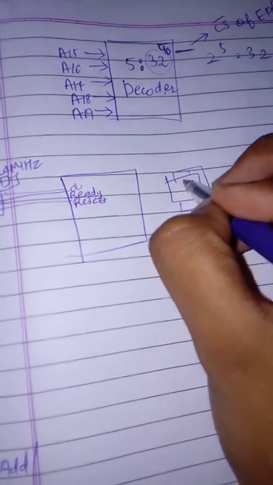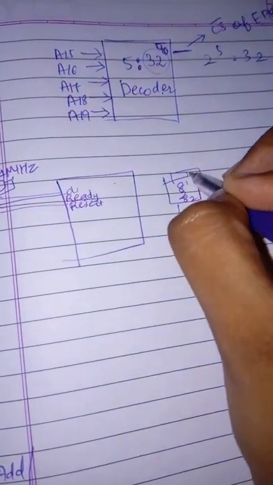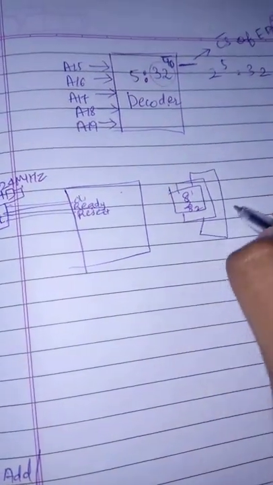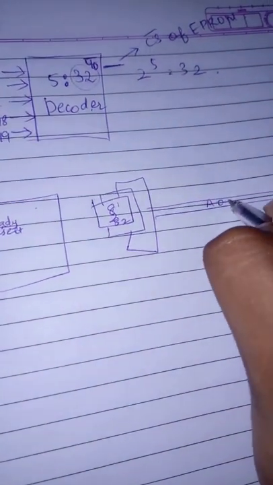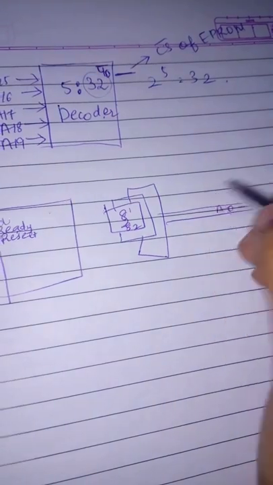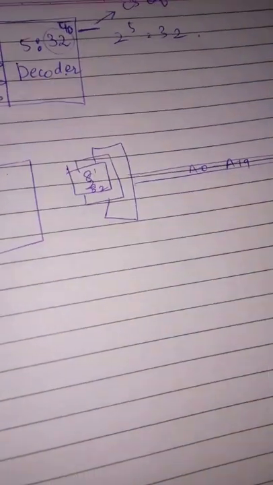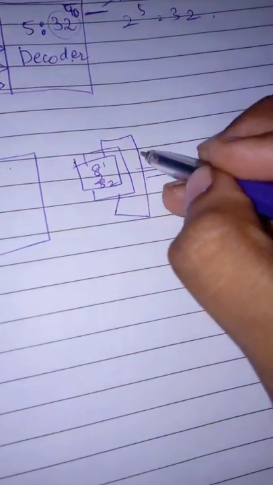So there are 3 8282 latches, which give us A0 to A19, then BHE bar.